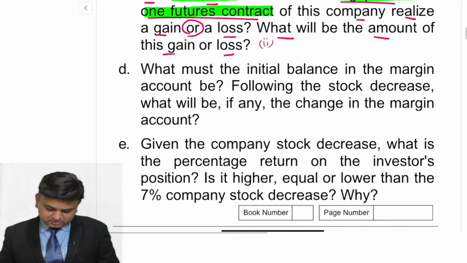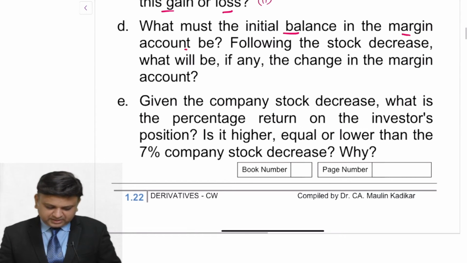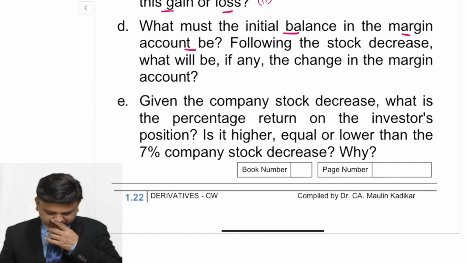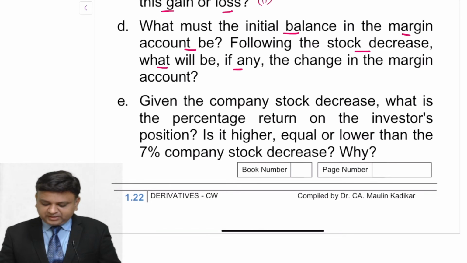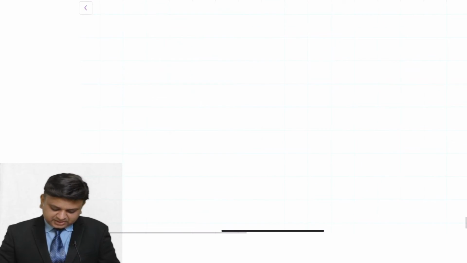Next question. What must be the initial balance in the margin account? That is a question. Following the stock decrease, what will be, if any, change in the margin account? That is a question. So write down answer of the D question.